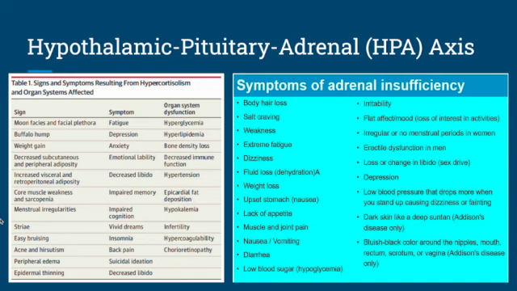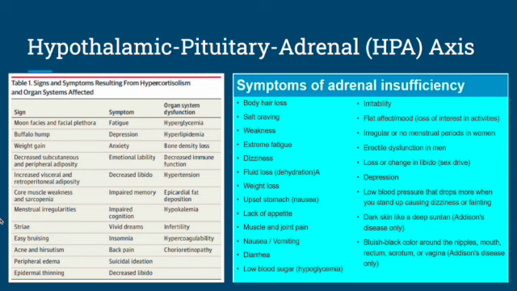Now, the symptoms that folks will have with too much or too little cortisol can be very widespread. And a couple of important things I think to highlight as far as what should raise some flags in your head. The high levels of cortisol will typically cause weight gain. It will cause redistribution of fat, so you get sort of this buffalo hump, a bump on the upper back.